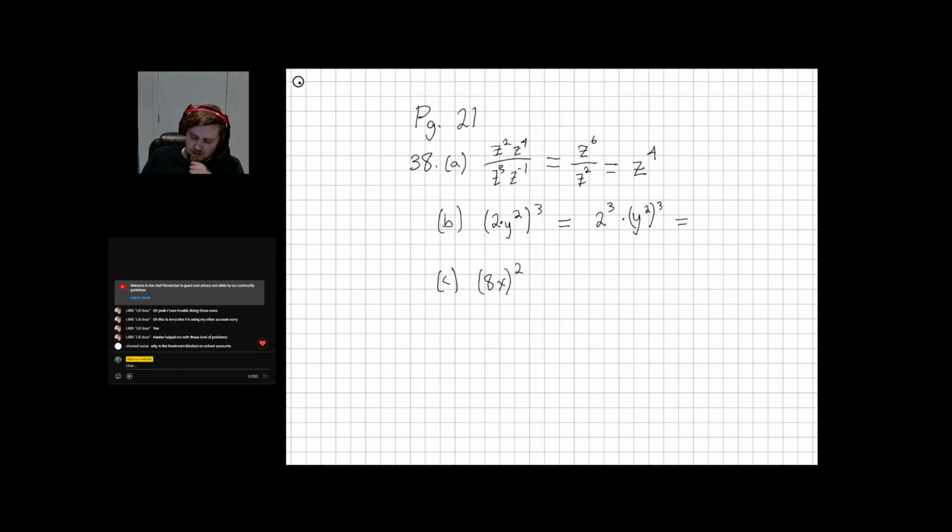So I'm going to get 2 cubed, which is 8, times y to the 6th, 2 times 3. Okay, again, exponents distribute over multiplication, so I get 8 squared times x squared. I can't do anything else with the x squared, but I know what 8 squared is. It's 8 times 8, which is 64.